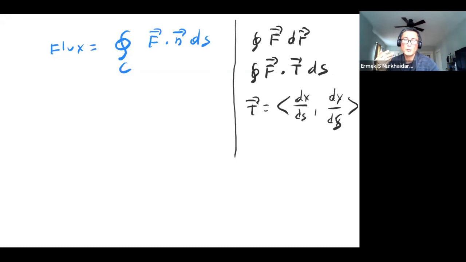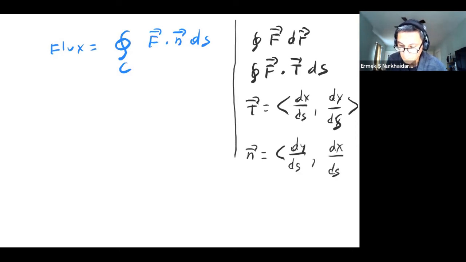Because we are talking about the two-dimensional case, we can easily find the normal perpendicular vector to a two-dimensional vector. Basically you flip the coordinates and put a minus. So n is going to be equal to, we flip them, and we put a minus. And I put the minus on dx because I want it to be leaving the curve. Leaving, okay? So that's what n is.